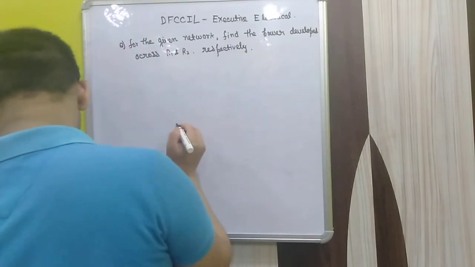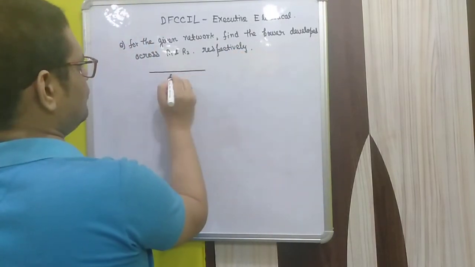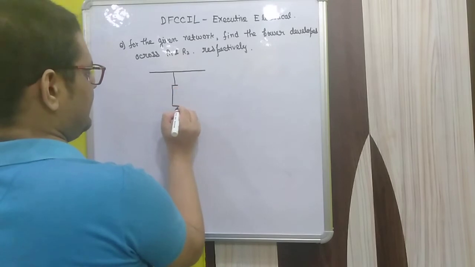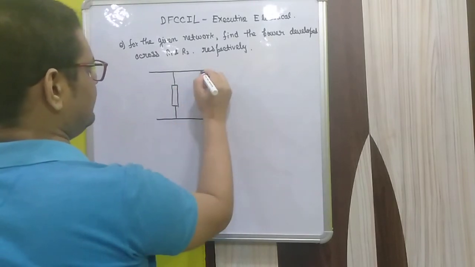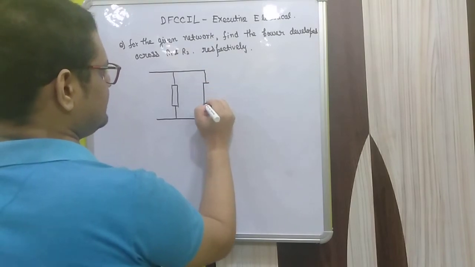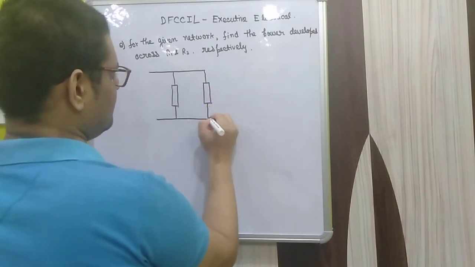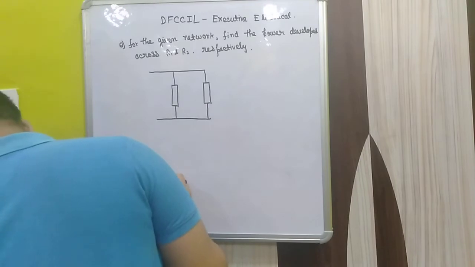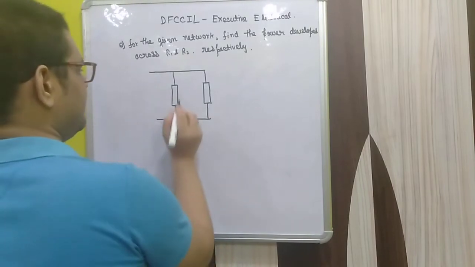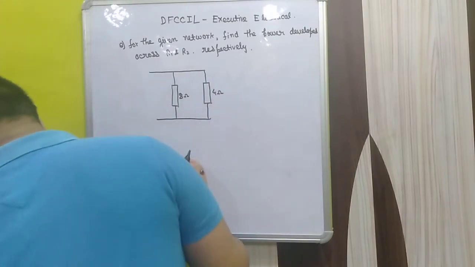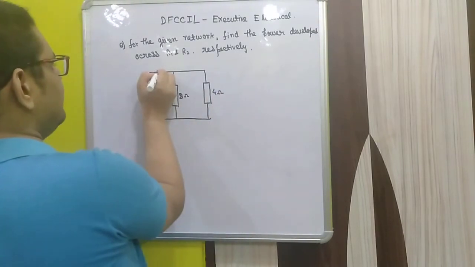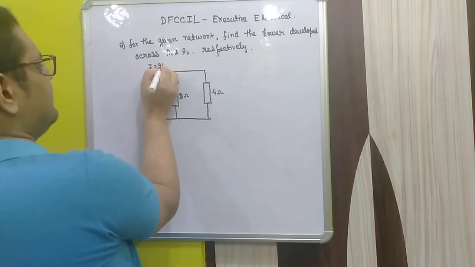Here are the two resistances parallel to each other. Here is one resistance and here is another resistance. This is the 8 ohm resistance and this is the 4 ohm resistance, and the current will be I, that is 9 ampere.